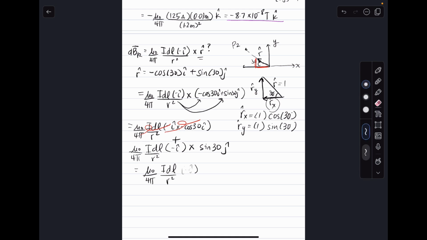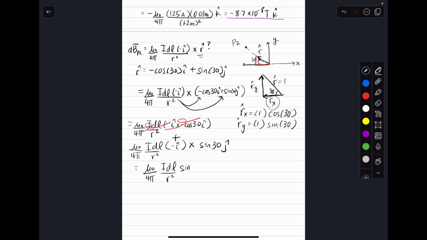Well, let's move this sine over because I know I'm going to get non-zero, right? So let's move this sine 30 over. And what I'm crossing now, to get the direction of this B field, is negative I hat with J hat. So I'm crossing I and J, right? I'm going clockwise, so I'm going to get a positive K. But I have that negative sign there.